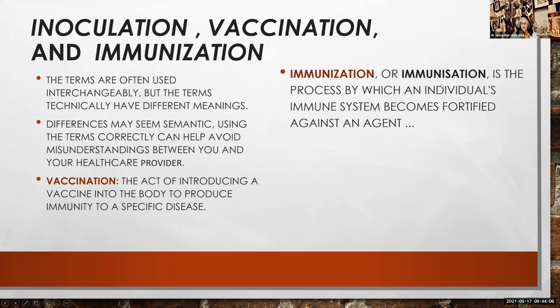Immunization, with a Z or an S. Both of them are used, it just depends on where you are. Immunization is what they were originally doing with variolation in the Middle East, way earlier than vaccination. And what they were doing was fortifying your immune system by giving you a small sample of the invader.